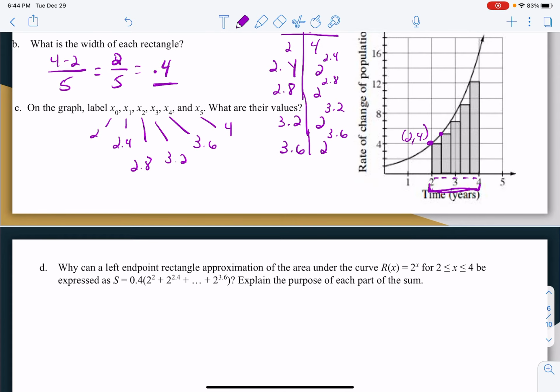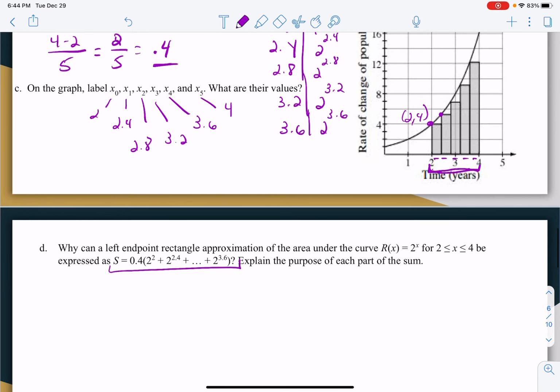So looking at part D, why can a left endpoint rectangle approximation of the area under this curve be expressed as this sum? So looking at the sum of those rectangles, remember that the area of a rectangle is equal to the width times the height.